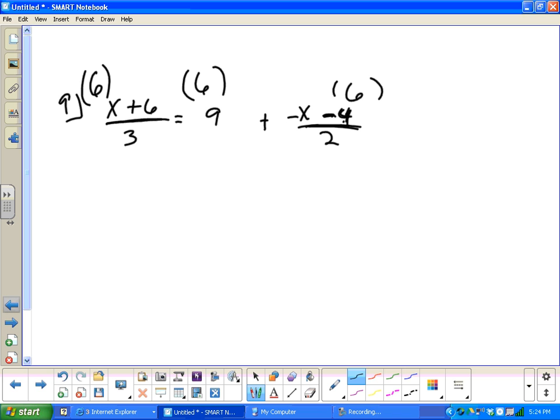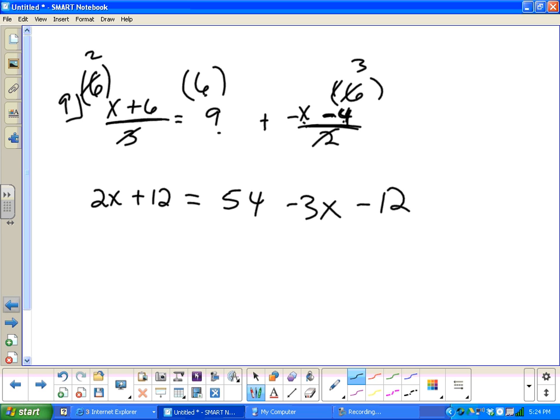Now, let's go ahead. Let's do some canceling here. 3 goes into 6 2 times. We're now left with 2 times x plus 6, which would be 2x plus 12. 6 times 9 there is going to be 54. And now the next one here, 2 goes into 6 3 times. Negative x times 3 would be negative 3x. And then -4 times 3 would be -12.